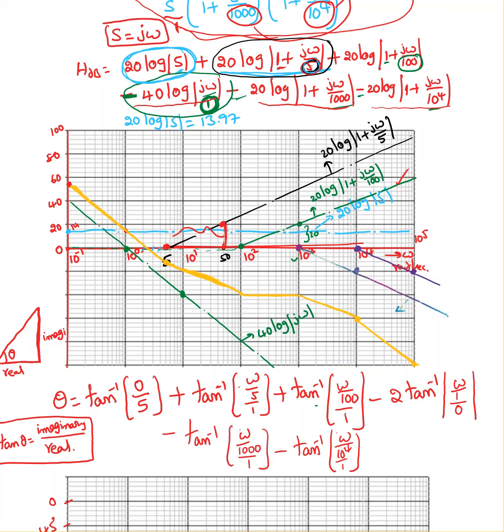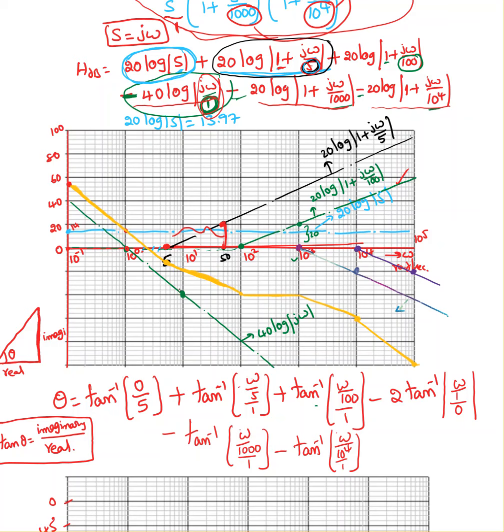Now minus 40 log j omega over 1. Here I don't have any real part, only imaginary part. Since I have only imaginary part, it's going to pass through the corner frequency 1, okay, but it will not bend at 1. It will continue on the other side of the corner frequency too. So this is a straight line all the time.